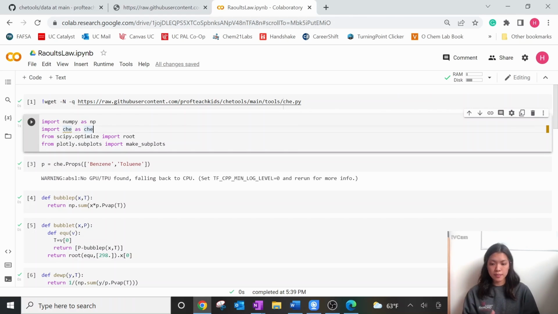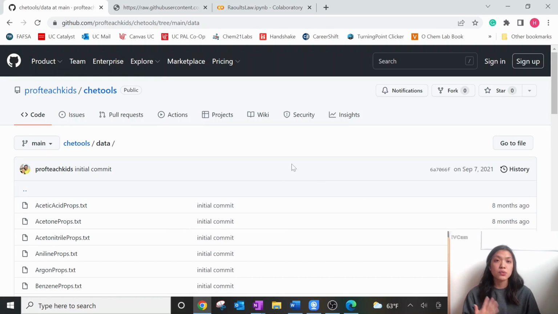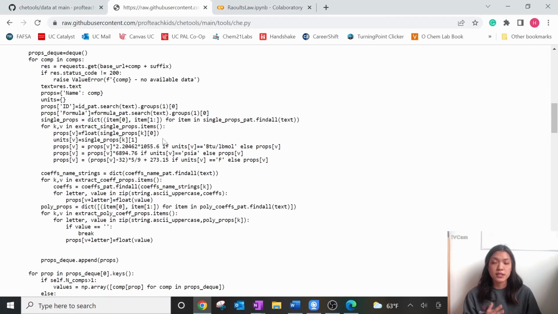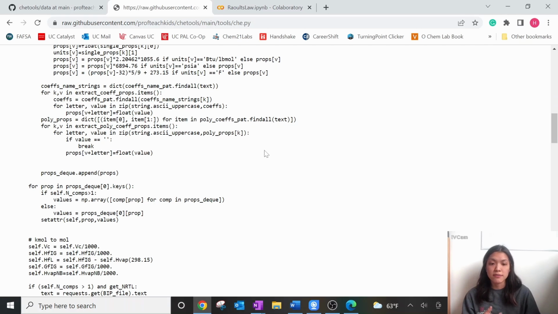We also imported CHE from ChE tools. It's a repository that allows us access to many different equations that can calculate different properties of different components. We will be using it to calculate the saturated vapor pressure.